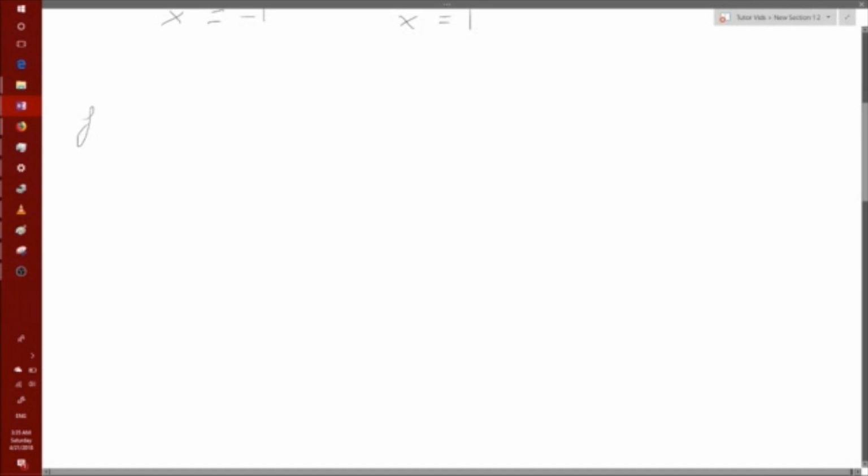So let's plug the beginning of the interval, 0, into the function. We get 0 cubed minus 3 times 0 plus 2 is equal to 2. Then we plug the end of the interval into the function.